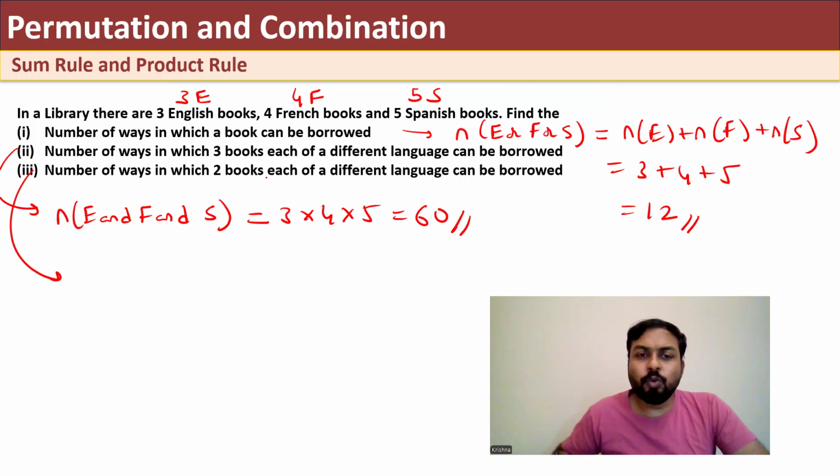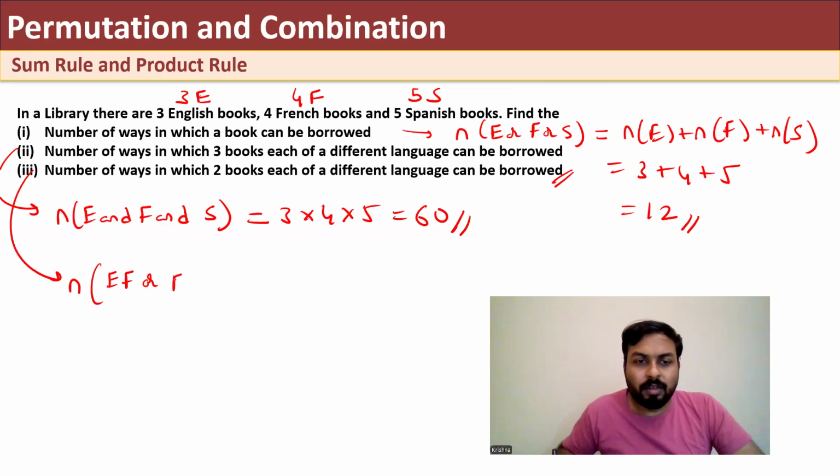Okay. Let's see the third bit. Number of ways in which 2 books, each of different language, can be borrowed. Now this is interesting because here we have to apply both product rule and sum rule. So when it says number of ways in which 2 books of different languages can be borrowed, that is number of ways in which I can borrow English and French, or French and Spanish, or Spanish and English.